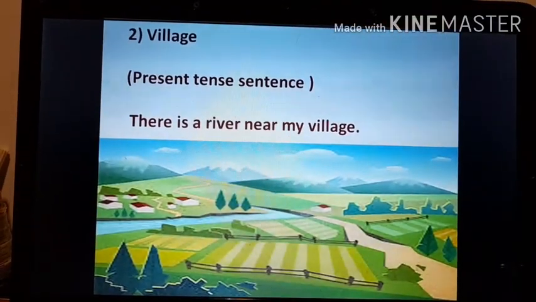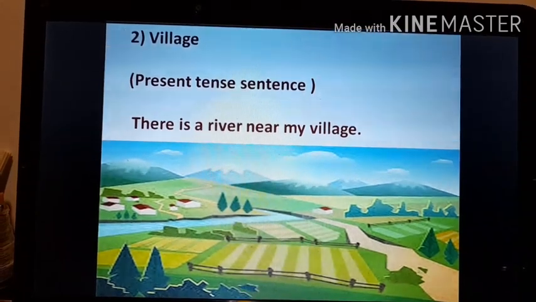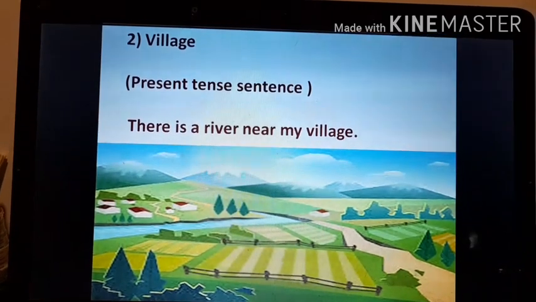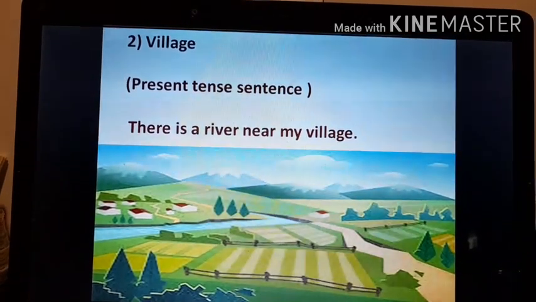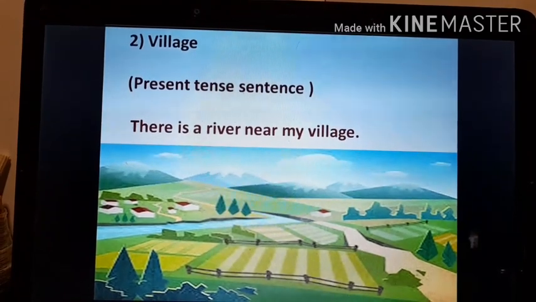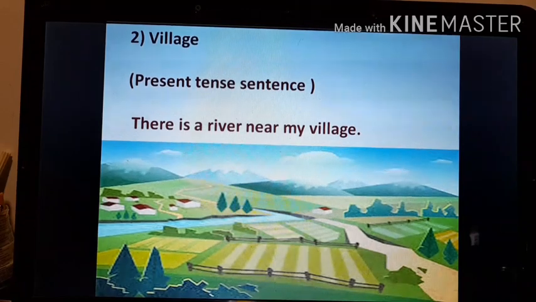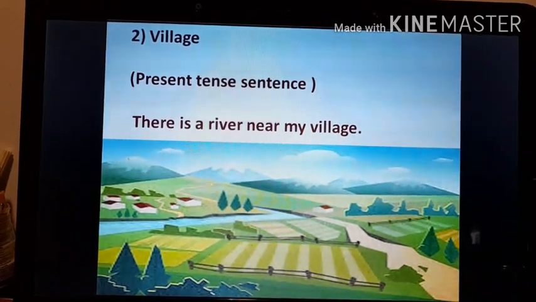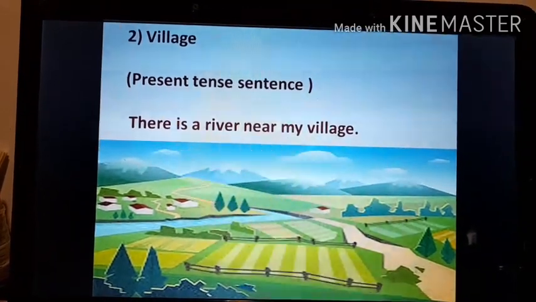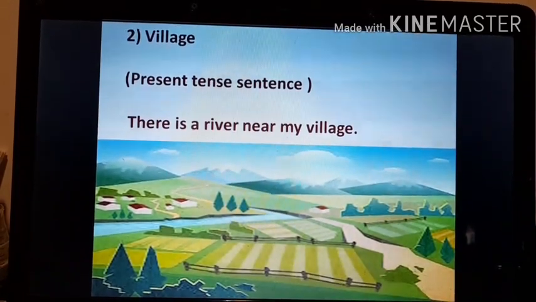Now the next word is village. The first sentence which I am going to make is in present tense. I am making the sentence like, there is a river near my village.